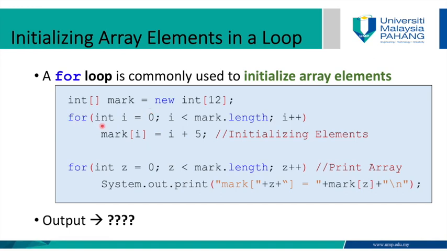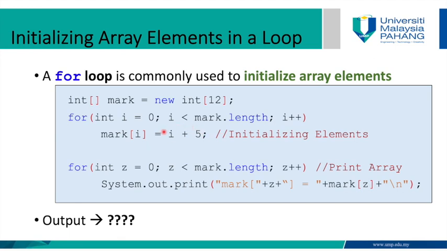So for int i equal to 0, that means the first integer will be 0; i less than mark.length; i++. That means the loop will keep going as long as i is less than mark.length. So mark[i] equals i + 5.